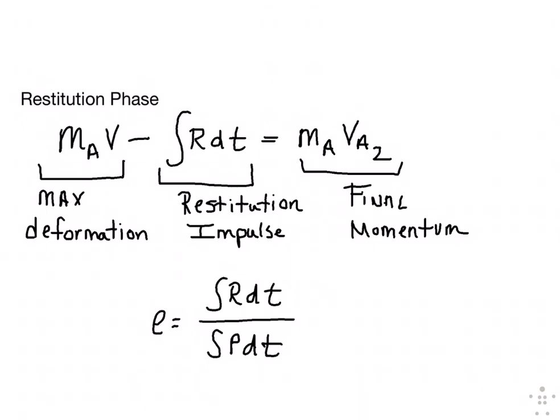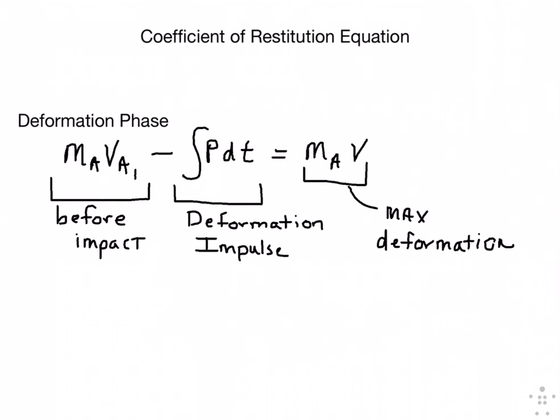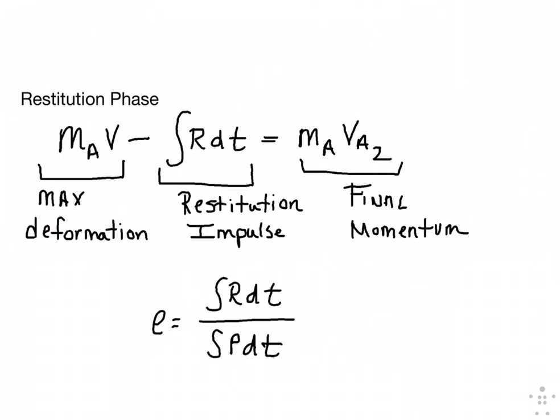We're going to solve this equation for the restitution impulse, and we're going to solve this equation for the deformation impulse, and we will then divide the restitution impulse by the deformation impulse, and we will have an equation that relates the final velocity of A, v_A2, and the approach velocity, which is v_A1.